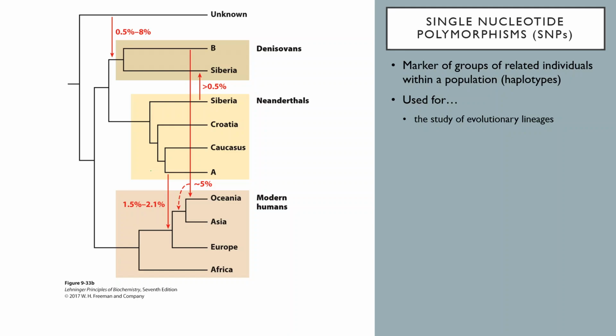And in fact, what that implies is that at some point after modern humans evolved, there must have been modern humans and Neanderthals that mated, and that's how Neanderthal DNA ended up in the human genome. But it's not in the entire human genome, which means that Neanderthals only mated with a subset of modern humans.